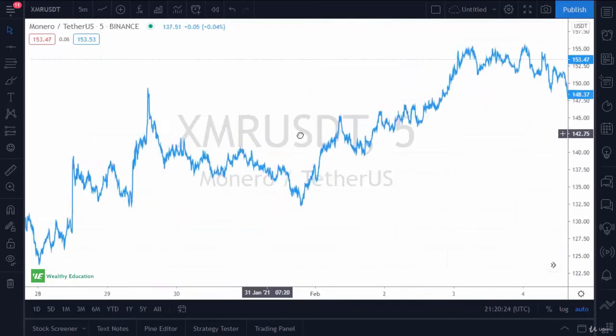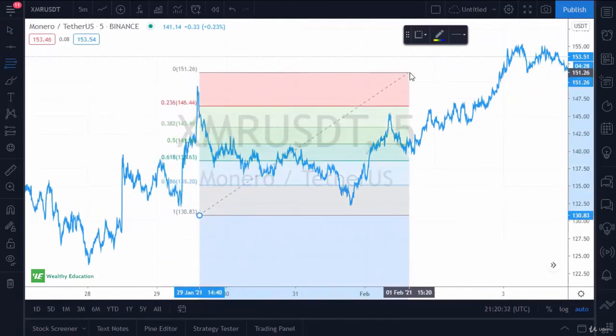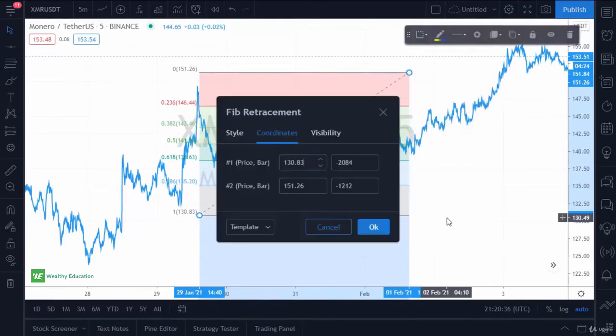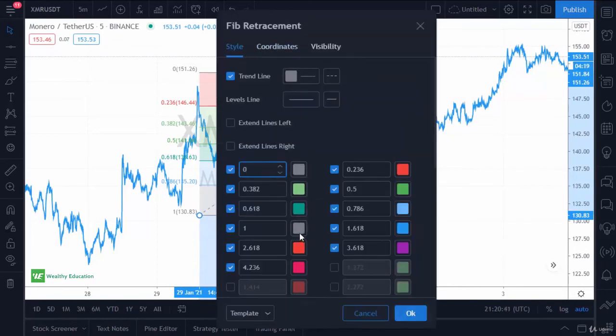So, as far as the Fibonacci levels, if you wish to adjust them, you draw one on the chart, and then you right click and go to settings. Click on style. You can change the colors.